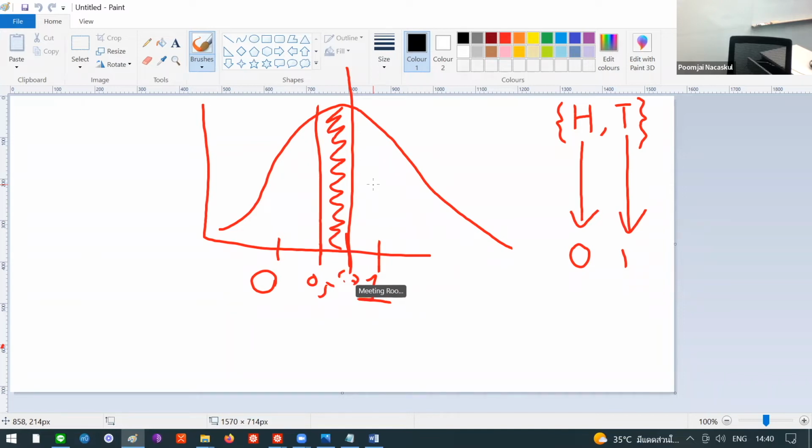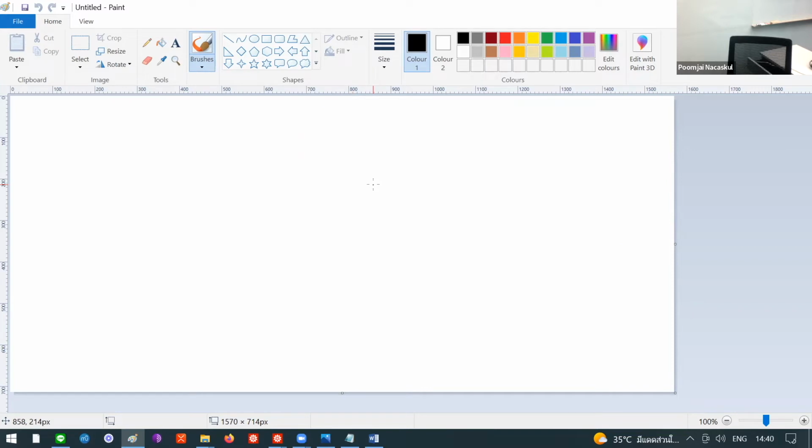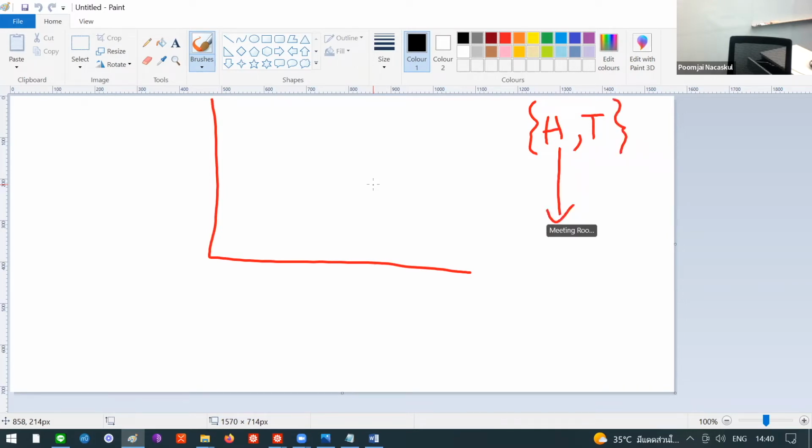Okay, is that valid? That's not valid because I only allow 2 values. So I have to start over. So basically the function I have, if H and T maps into 0 and 1. By the way, I can also make 1 and 0. It doesn't matter. Or 5 and 7.